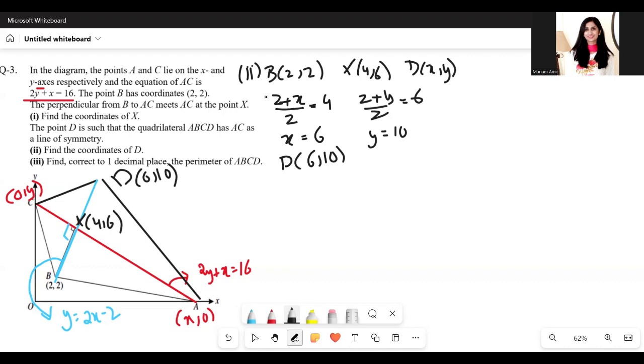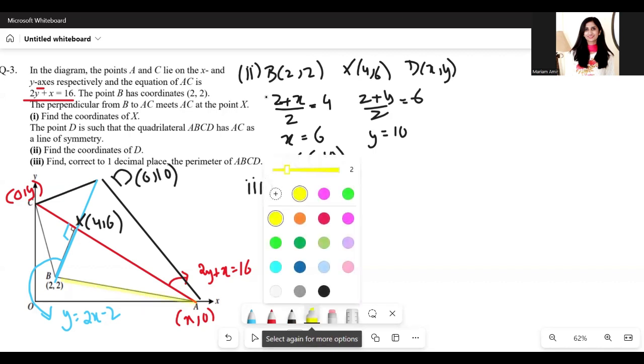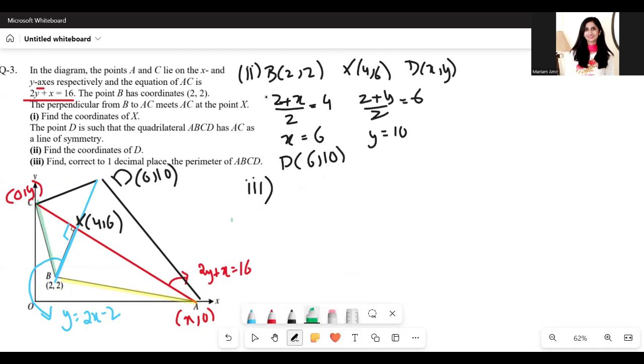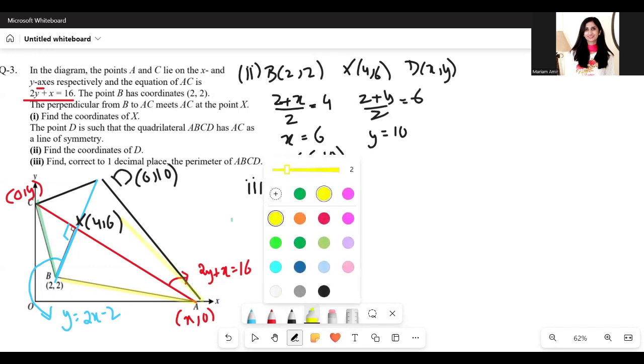And in the last part, it's asking for the perimeter of ABCD. Okay. So what we need to do now is find this length, and somehow get this length, add these 2 lengths, double it, and we'll get the perimeter of the figure because these 2 are equal, and also the other 2, these 2 are equal.